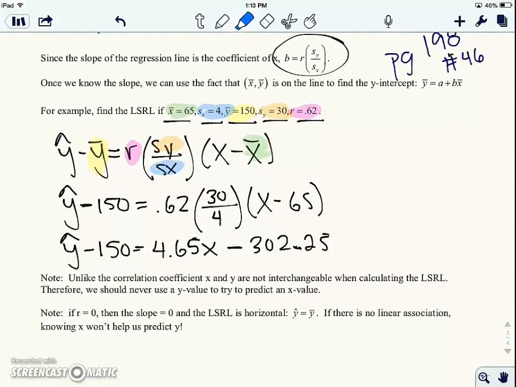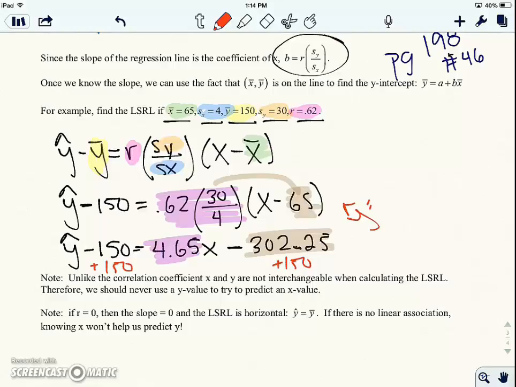And what I did there is the 4.65 is all of this, and the 302.25 is 4.65 multiplied onto that 65. So I just distributed. Lastly, we can add 150 to both sides, and I get a y hat equation, least squares regression line of 4.65x minus 152.25.